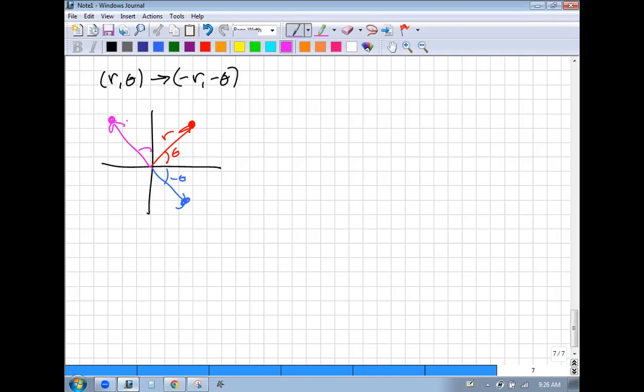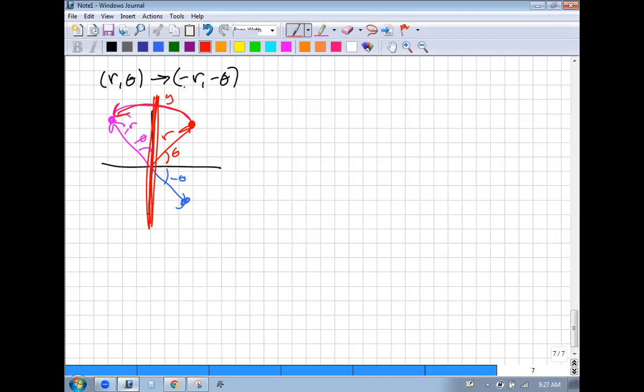So this is minus r, minus theta. Ultimately, you're flipping over the y-axis. So switching r and theta to their negatives is a flip over the y-axis.